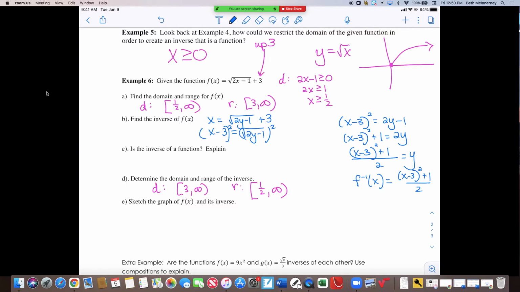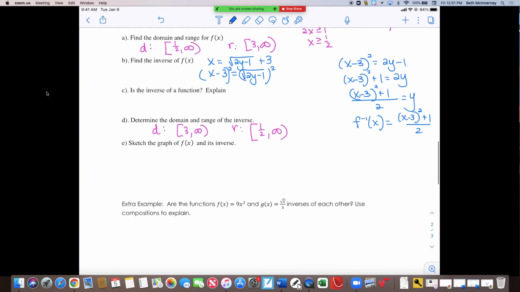Did you say it was like 1/2 times x minus 3 squared plus 1/2? Okay, so let me write something down. You're thinking of how, if you have something over 2, you could just split it up, like 1/2 x.